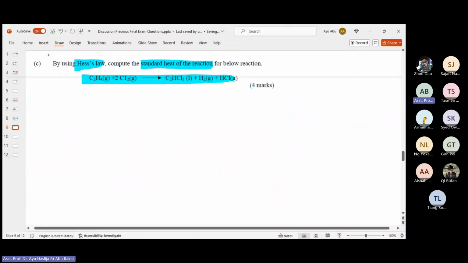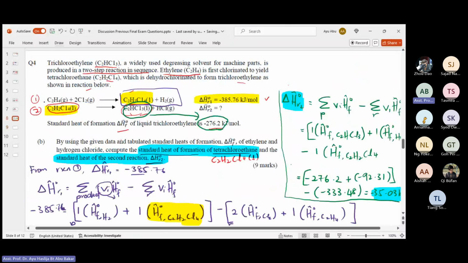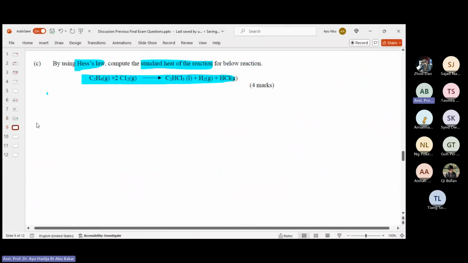Okay, from the previous question B, you are given that, from this question, copy here.